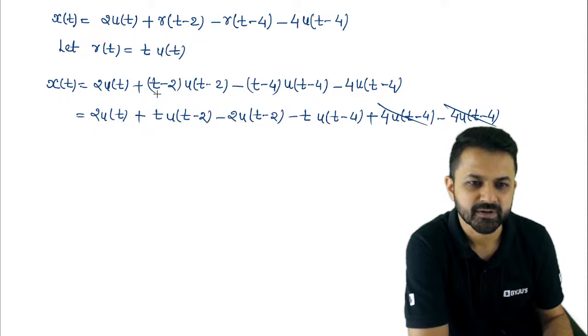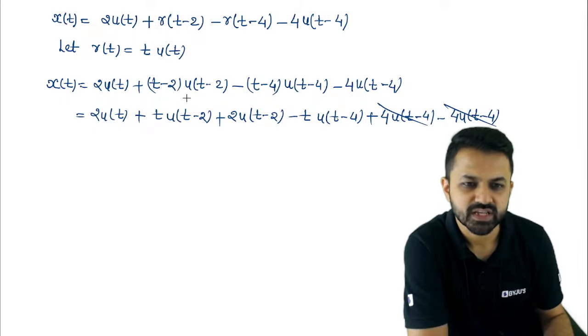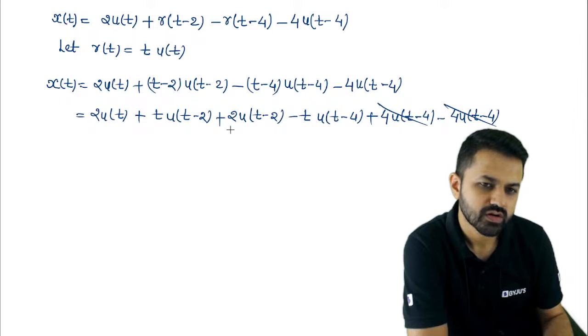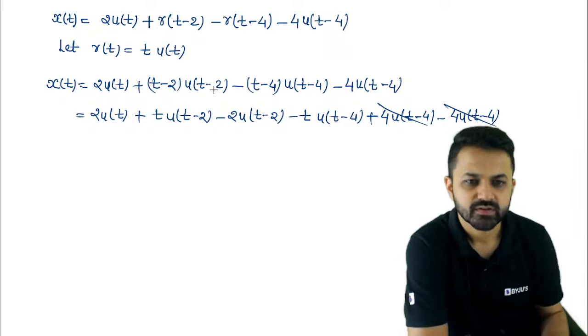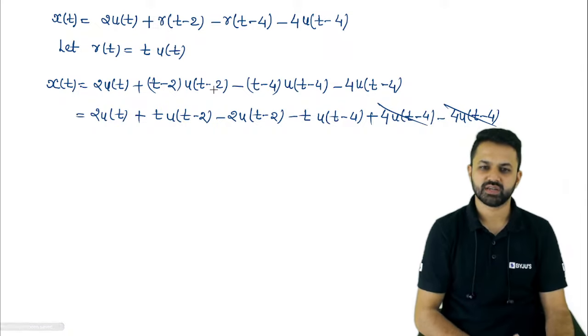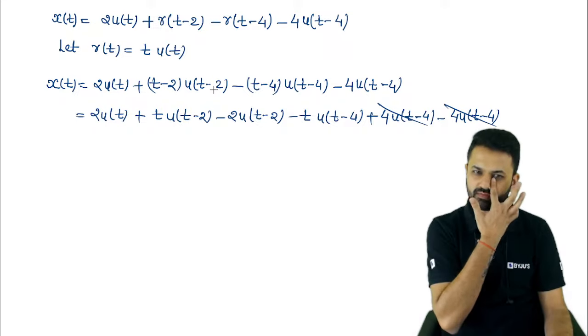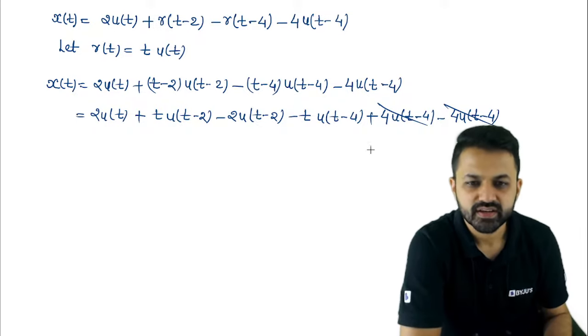Okay, this was correct: minus 2u(t minus 2), then minus t u(t minus 4). Okay, fine.